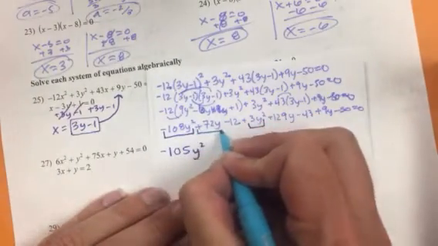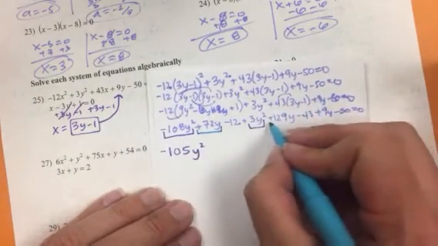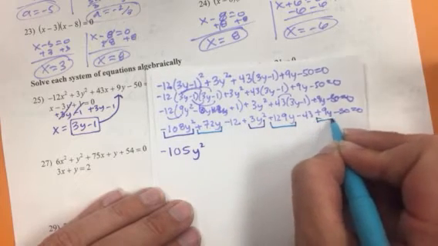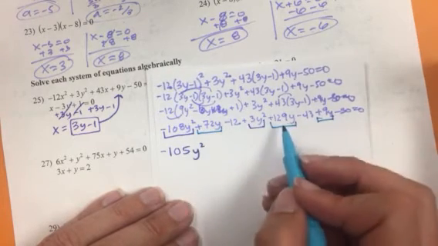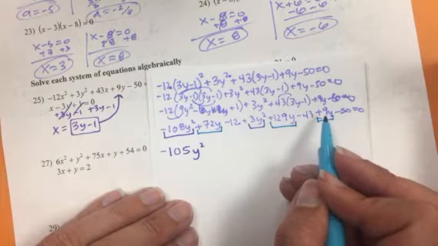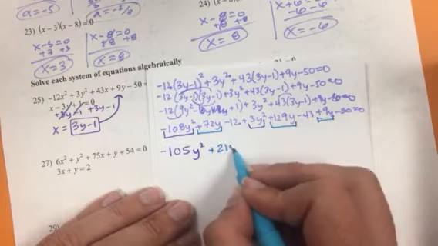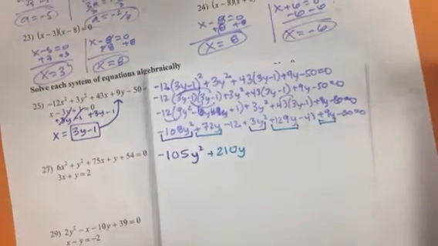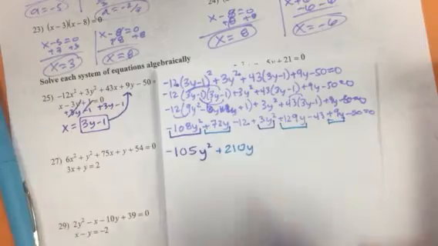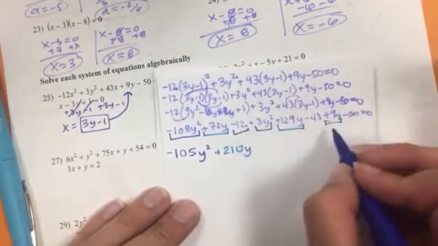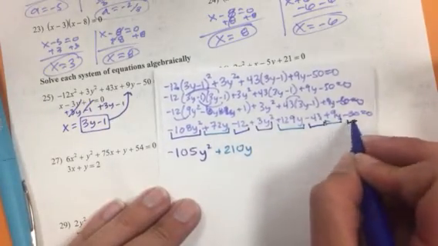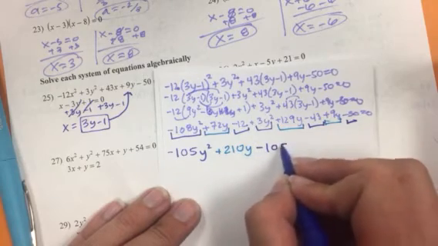Then I combine my y's. 72 plus 129 plus 9 is 210y. And negative 12, negative 43, negative 50 is negative 105.